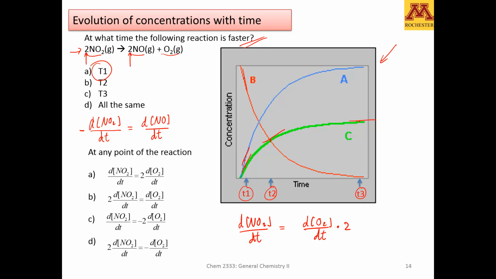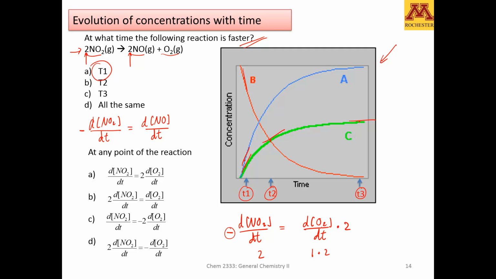So just to make round numbers, if this is 1, this has to be 2, so to make these two equal, one needs to multiply by 2. And because this one is reactants, this one is reactants, and this is products, one needs to put a negative sign to make these two equal.